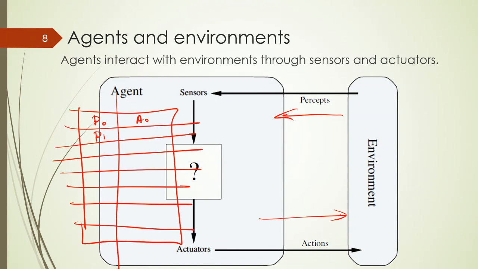If P1 happens, do action A1. If P2 happens, A2, and so on, till if you perceive situation N, do action N. Creating a lookup table for actions of your agent.